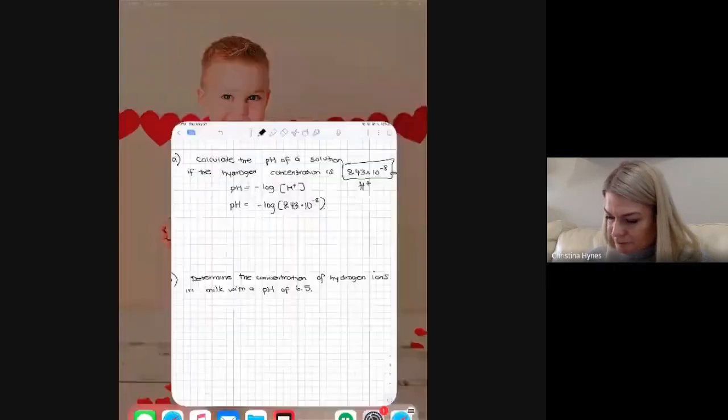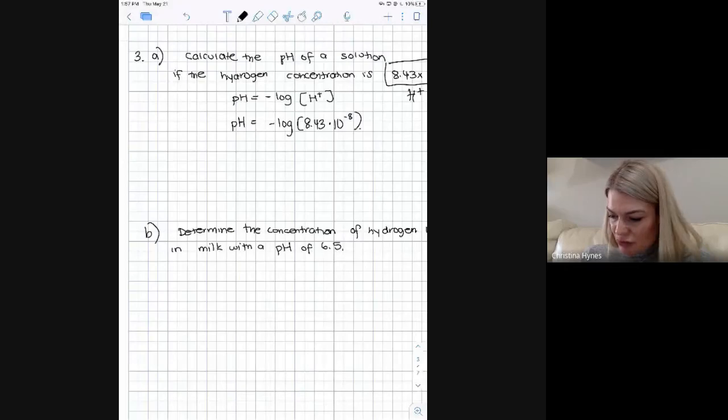Okay. So just to let you know how I put that number in, I did negative log, and then I did 8.43 multiplied by, I pressed, on my calculator, second log just to get that power button, and then I put in brackets negative 8.